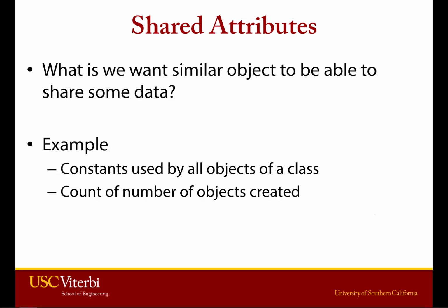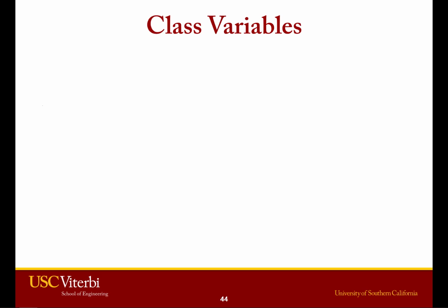However, sometimes it's useful to have something share data. What if we want to be able to count how many objects have been created in a class? Or we want a constant that can be shared by everybody. In order to do that, we're going to distinguish an instance attribute from a class attribute, or a class variable, as they're called in Python.